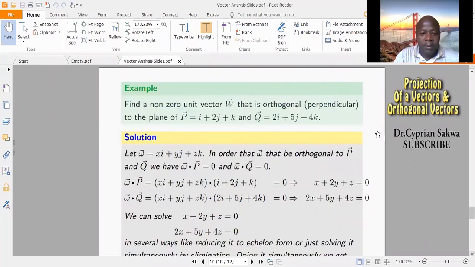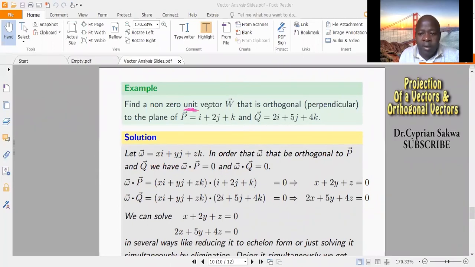Let's look at another example. The example is: find a non-zero unit vector W that is orthogonal or perpendicular to this plane. This question has two things to look at. The first thing I'm looking at is the word unit vector.